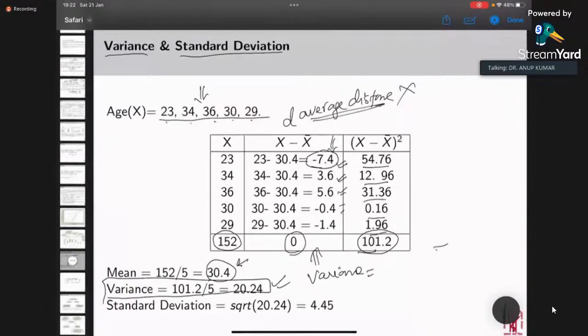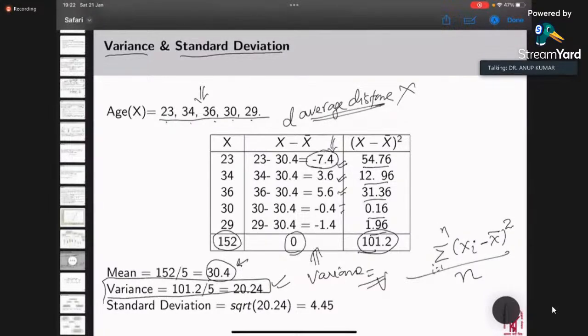So variance is nothing but, where xi represents all the observations, the distance between each observation and the mean, squared, and after that divided by the total number of observations. This is the formula of the variance.